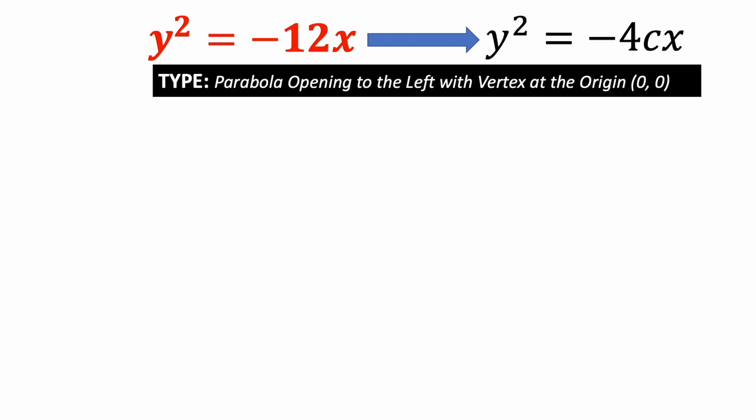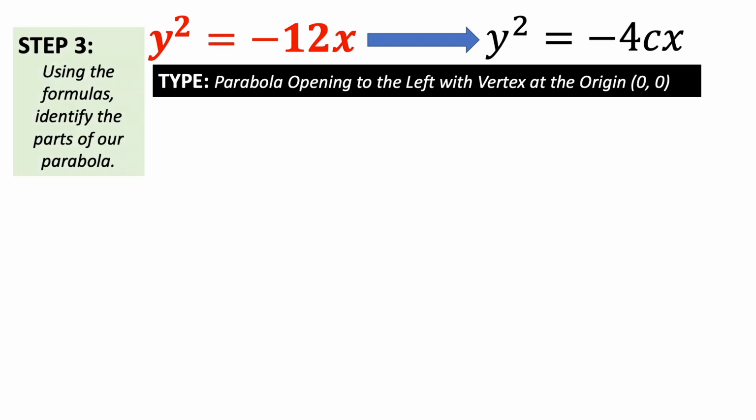In step number 3, we will use the formulas to identify the parts of the parabola we will need in sketching. Since our parabola has vertex at the origin, its coordinates are (0, 0).